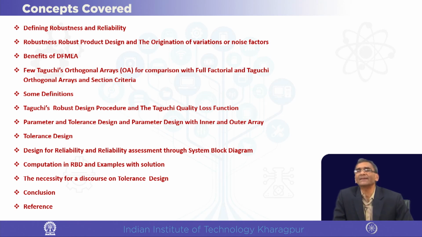One is design FMEA and another is process FMEA. Once the design FMEA is done, then process FMEA also is undertaken. That one is the design aspect and the other goes in the manufacturing aspect.